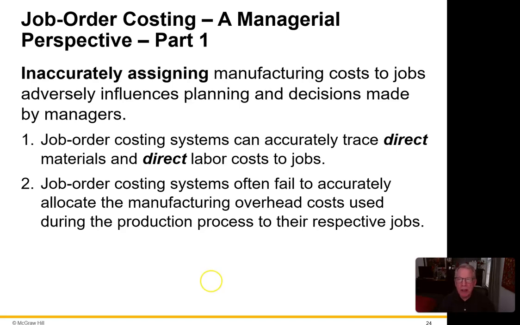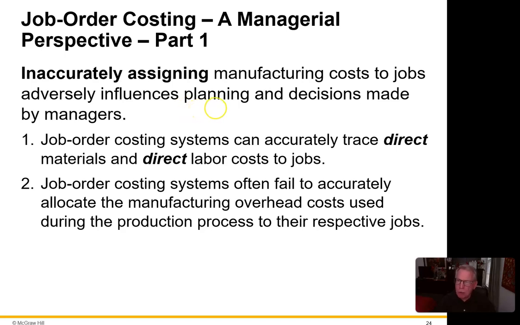And here, when we left off, we were looking at assigning manufacturing costs to jobs. And of course, when you're estimating overhead through the predetermined overhead rate, you're going to sometimes have inaccurately assigned manufacturing costs.